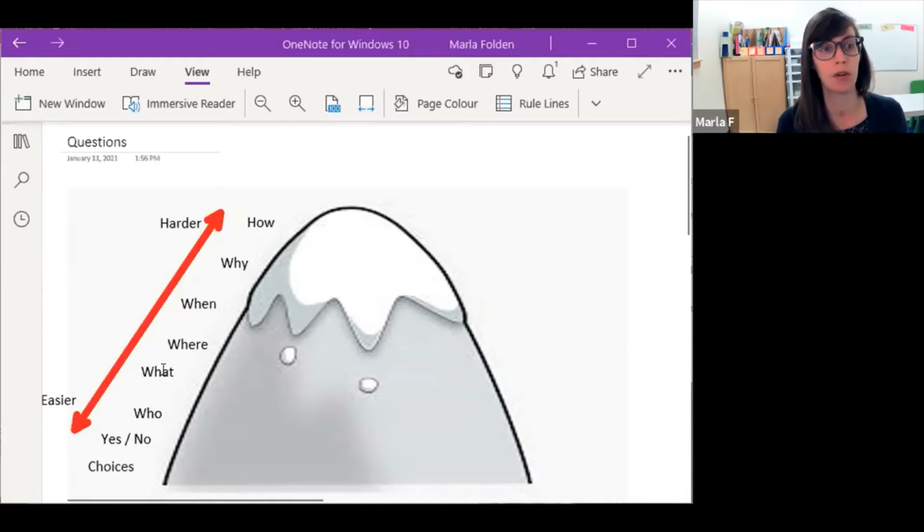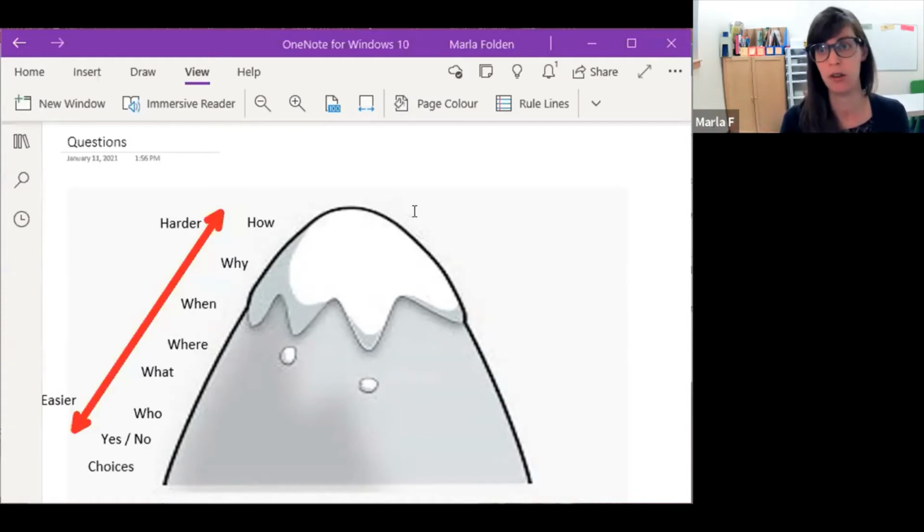And then we move over to what questions, where questions, when, why, and how. Now this looks like the top of the mountain, but actually there's another mountain behind that one, which gets into the more advanced language questions, which are the could, should, would you, would you ever go skydiving?